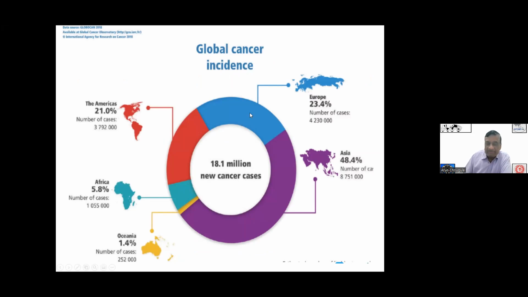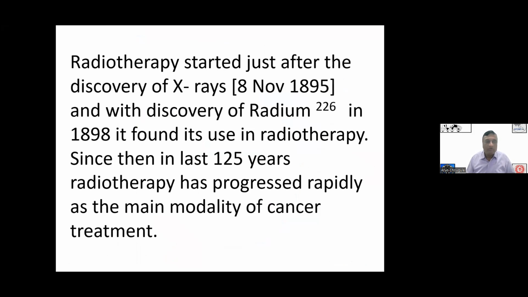If you look at Asia, and if you include Oceania, half of the cancer comes from this region, the Asia Pacific or Asia Oceania region. 50% of the cancer is from this region, and socio-economically, this region has low- and middle-income countries.